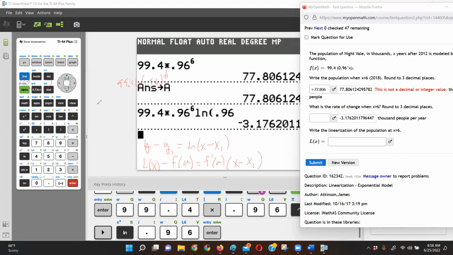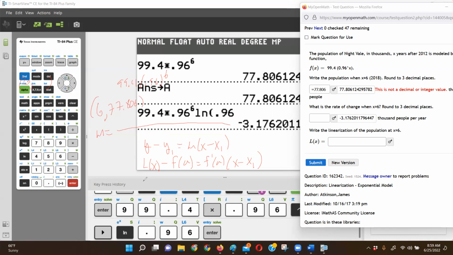And I know I've got the point (6, 77.806). And then I know I've got the derivative. The slope is equal to this negative 3.176. Now, typically what my OpenMath will accept is, well, it won't let me write it in slope-intercept or point-slope form because they have the L of x.